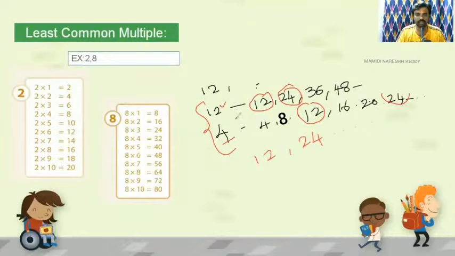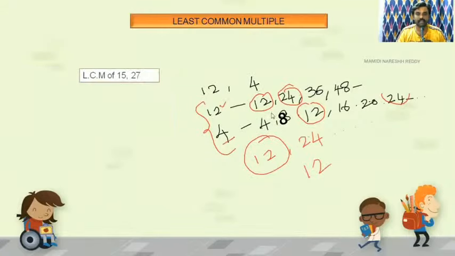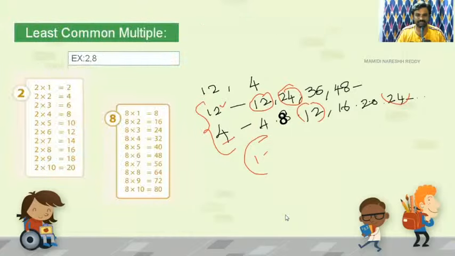So in these, we need to take only the least one. So 12 is the answer.